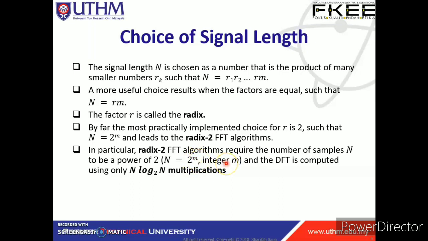M refers to the number of stages. And this is what I mentioned previously. The computation of the fast Fourier transform has been reduced to number of sample log 2 number of sample multiplications, compared to the conventional DFT, where we need n to the power of 2 multiplications.